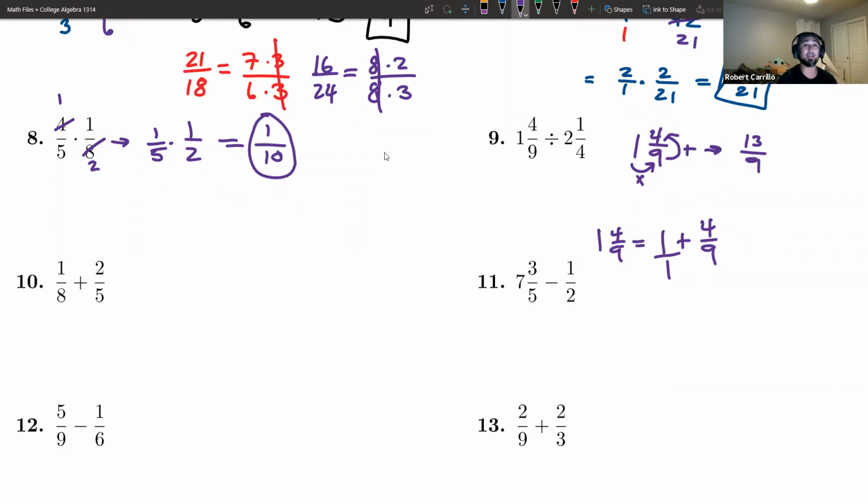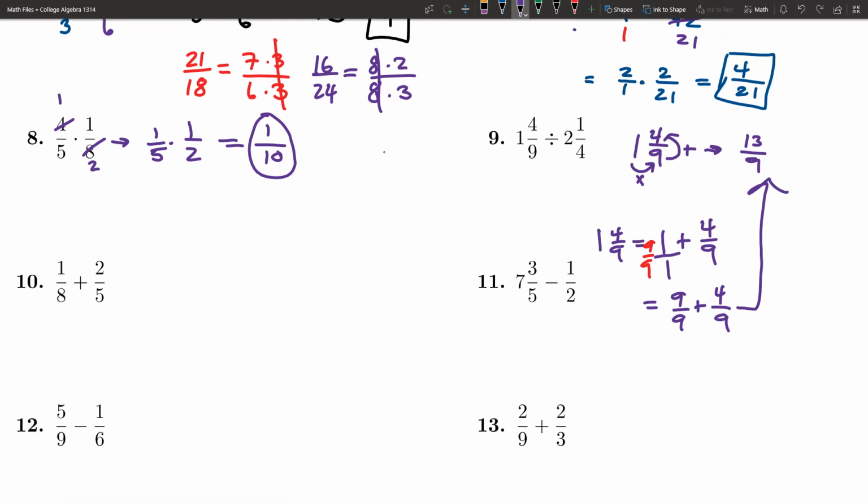And then I'm going to multiply by that common denominator of 9, so I multiply by 9/9. And this gives me 9/9 plus 4/9. And since I have the same denominator, I can add the numerators, and that's going to give me my 13/9.